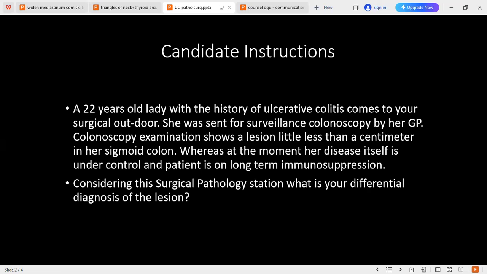M0 no metastasis, M1 metastasis. Just suppose a patient has liver metastasis, then according to TNM staging, which stage would that be? It will be M1. Yes, or stage 4.